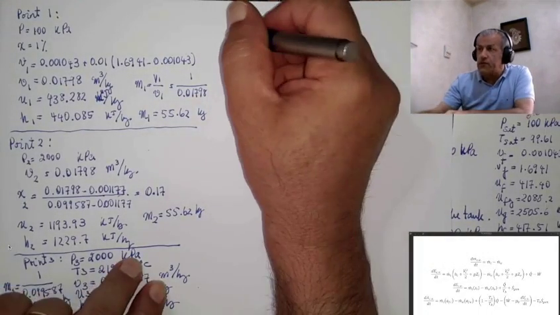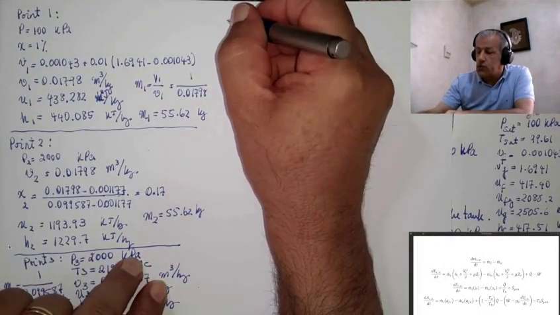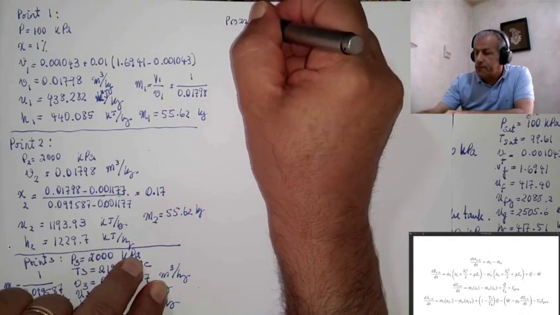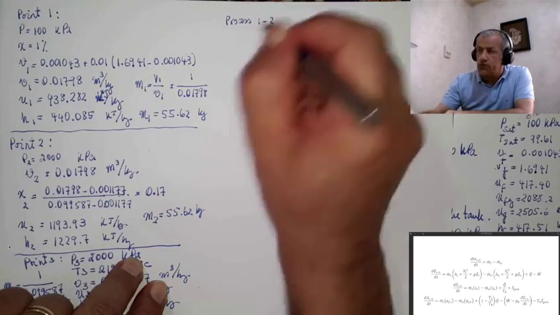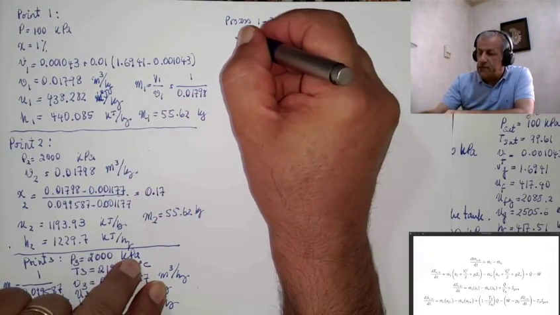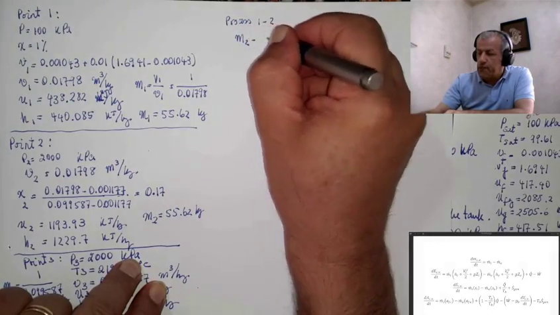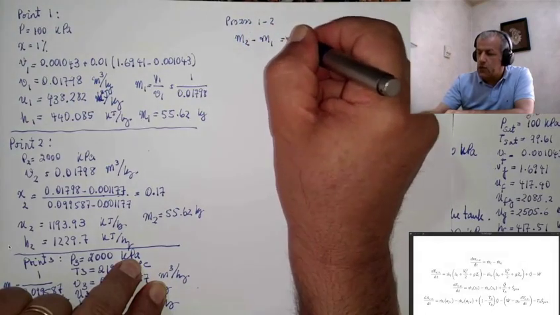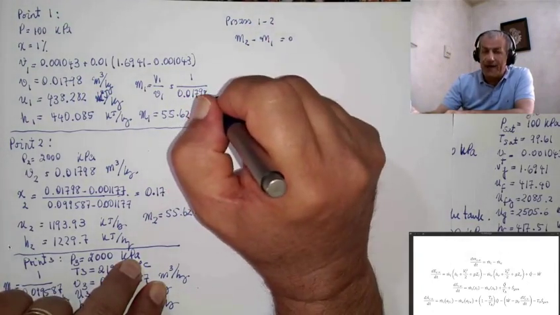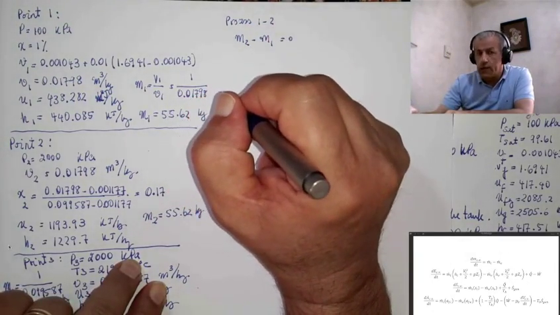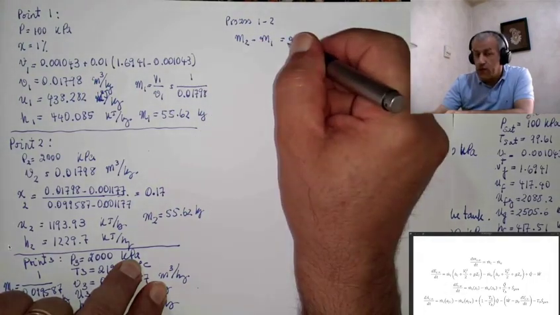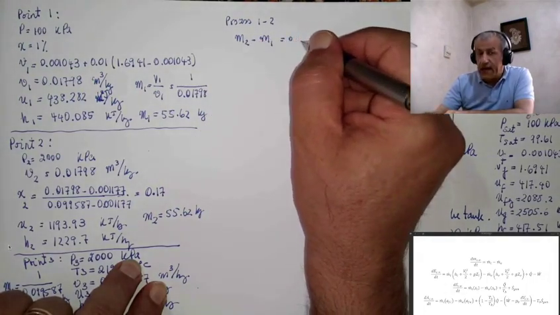Look, we have to write for process 1, 2. And the mass conservation law simplifies to M2 minus M1 equals 0. In fact, the change of mass between points 1 and 2 is only a function of inlet mass and outlet mass.